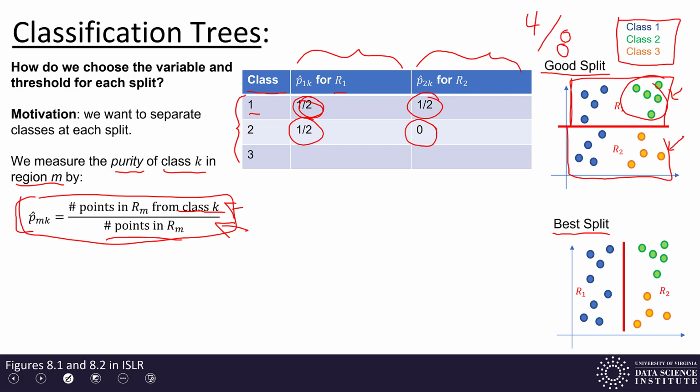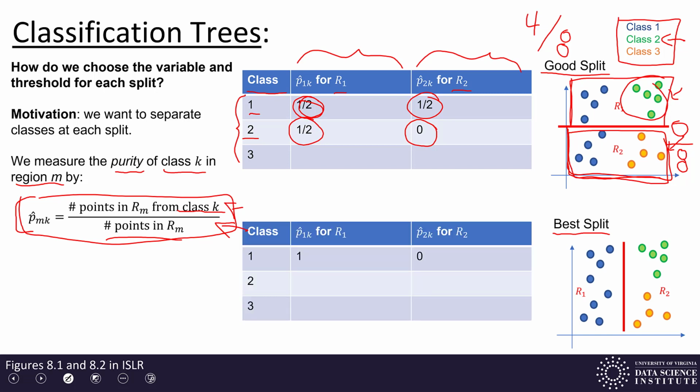Let's look at how this next term is calculated as 0, or getting a different value here. So this is class 2 in region 2, and so class 2 is the green class in region 2. Right, so here's region 2, and we take the total number of points that are in region 2, which is 8, and that's the bottom of our fraction. Total number of points that come from class 2 is, of course, 0, and that's how we get the 0. So region 2 contains no members of class 2, so it gets a 0.